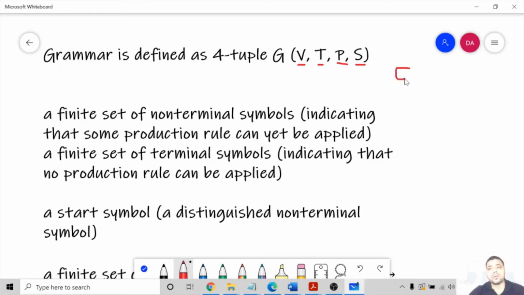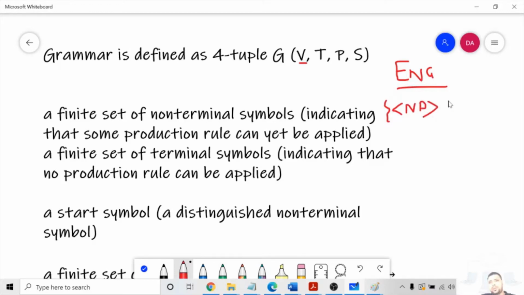Say in English language, suppose we have some non-terminals like this noun phrase, then we have predicate, then we have verb, article, noun, and finally sentence.